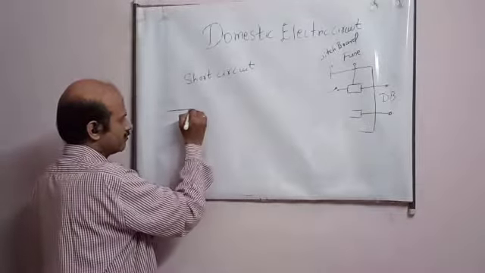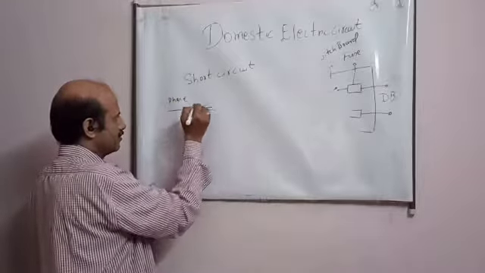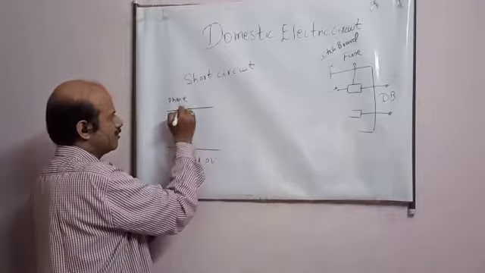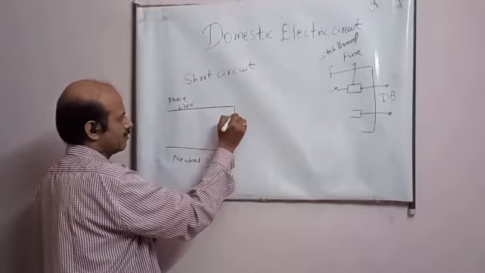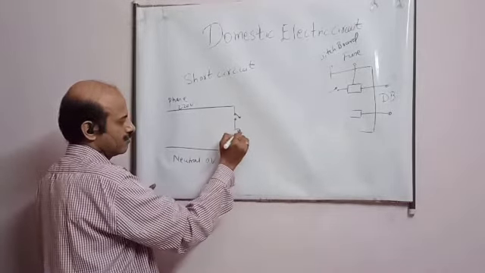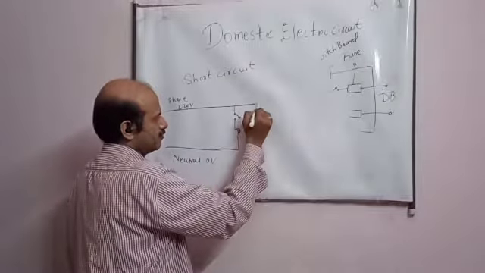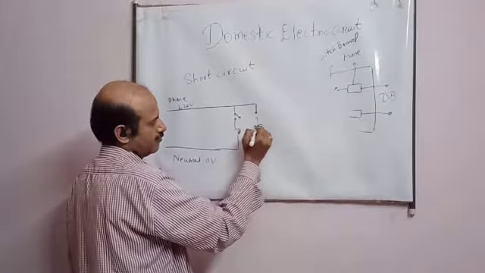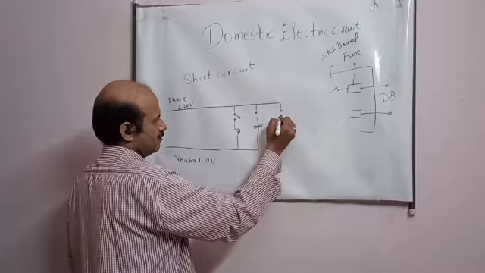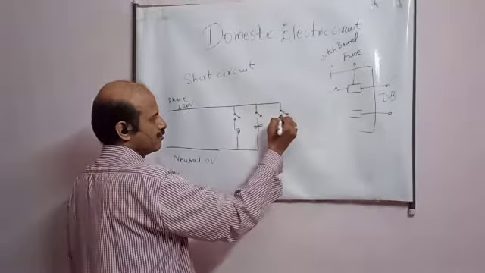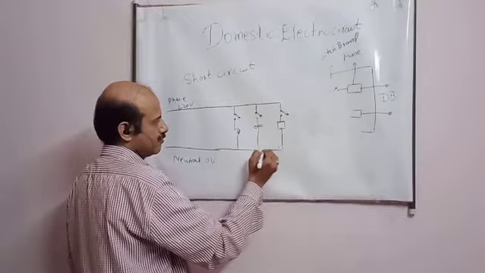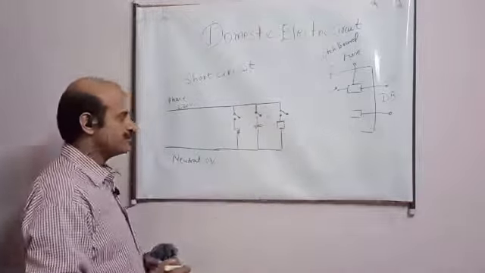See, this is the line, phase, this is neutral, 0 volt. Third, earthing is also there. I am not showing it separately, student. Okay.